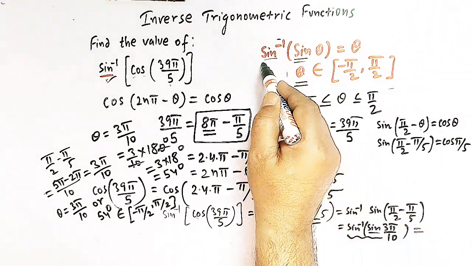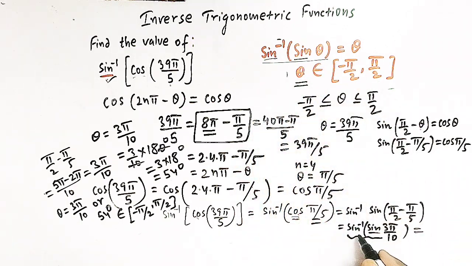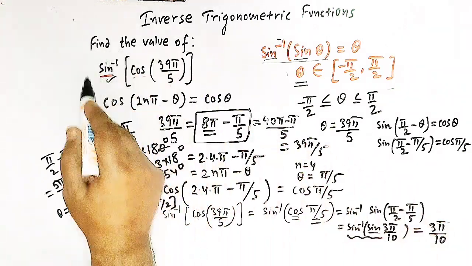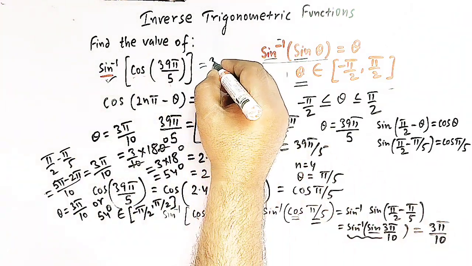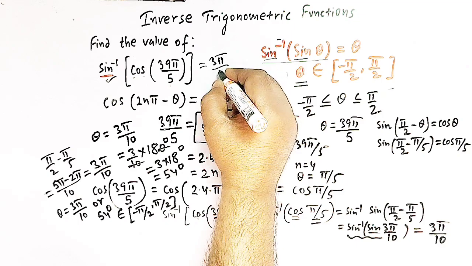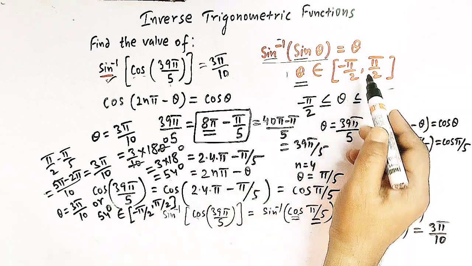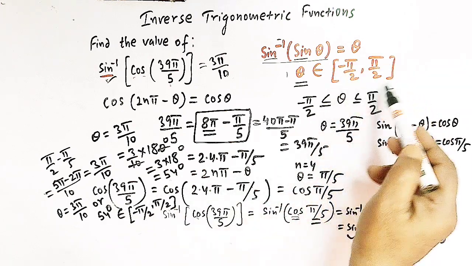So now using this identity, we can write the value of sine inverse sine 3 pi by 10 as 3 pi by 10, right? So the value of this expression is equal to 3 pi over 10, and we can see that 3 pi by 10 is equal to 54 degrees, and 54 degrees falls in this interval.